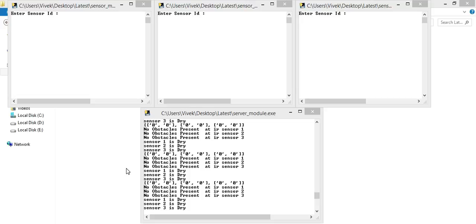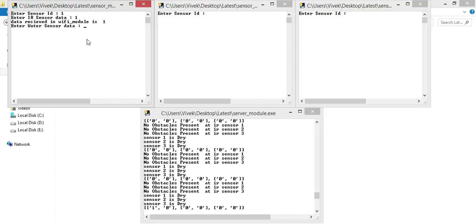Whenever there is an obstacle or the water level sensor is not dry, this means there is an issue and the authorities should be notified. Our server reads this data at regular intervals, say every 30 seconds for this simulation, and whenever there is some issue, it notifies the authority via an email. So let's say for sensor ID 1, my IR sensor data is 1, that is, an obstacle is present, and the water sensor data is 0, which means it is dry.